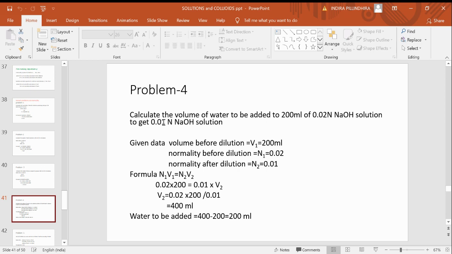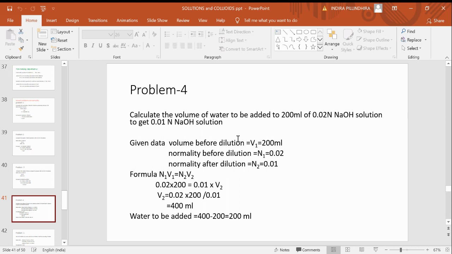First one is 0.02 and then another one is 0.01. That means first we have taken a solution whose concentration is 0.02 and to that we have added the water. This problem comes under the dilution and we have added the water so that the concentration has been decreased to 0.01. Okay.